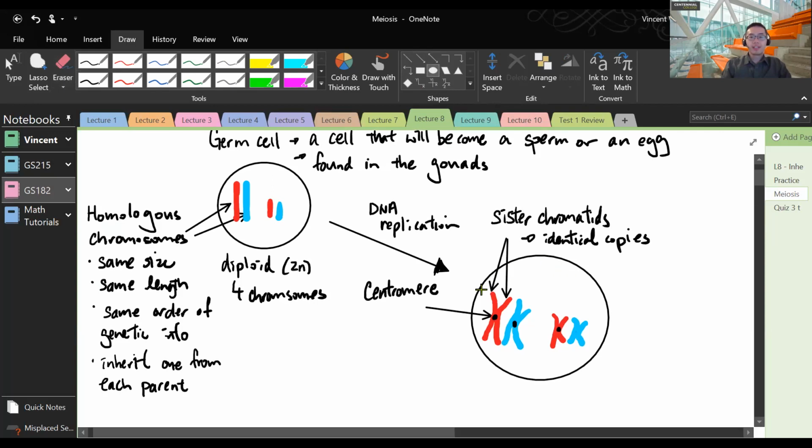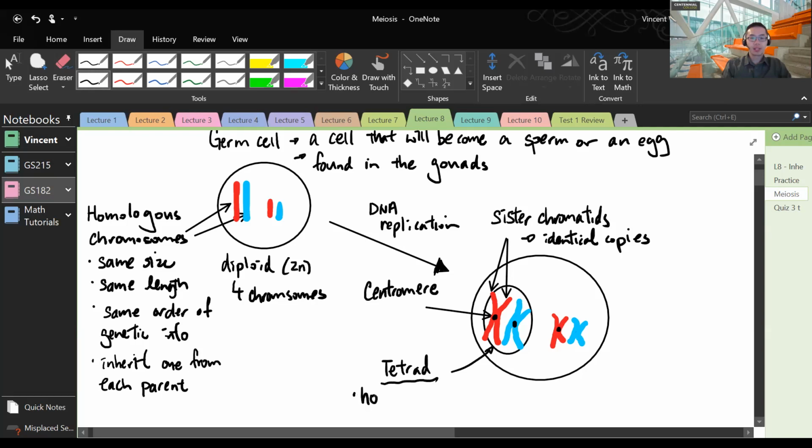Now, something that's different in mitosis and meiosis is that after DNA replication, the homologous chromosomes will find each other in the process of meiosis. And they will form these sets of 4 things that are close together, and we call them a tetrad.